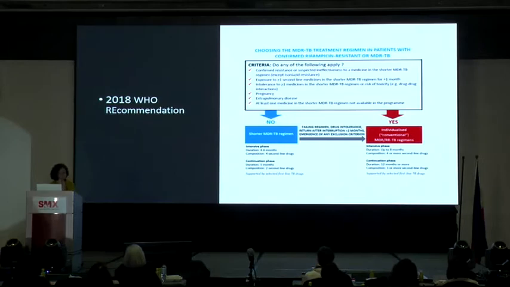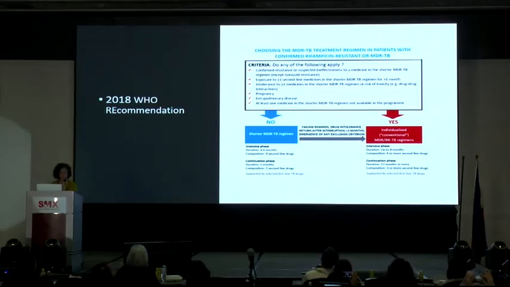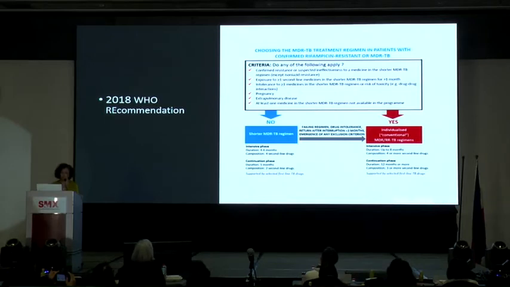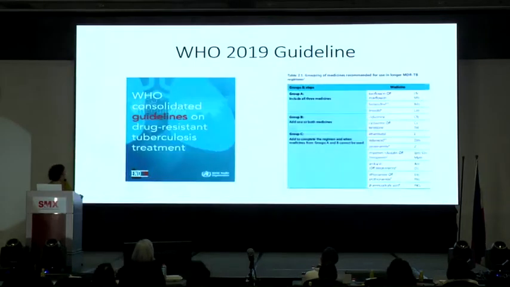So the WHO has changed the recommendation from almost everybody being given the 9-month regimen. This was released in 2018 as an interim recommendation for certain, limited populations. There has to be a criteria for choosing the 9-month regimen, and the longer regimen was now the recommendation in 2019.